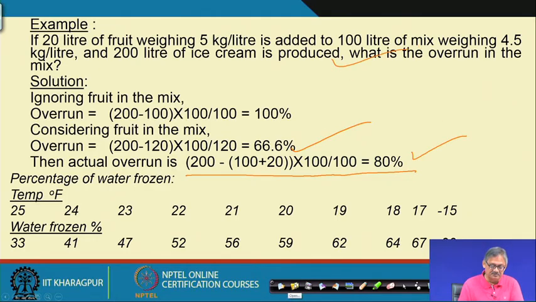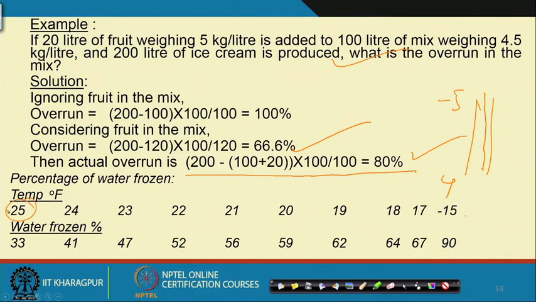Now, as I said earlier when I was talking about the vertical and horizontal, when it goes from 4 degree to minus 5 degree, you see I have given it in Fahrenheit, because these are whole numbers.